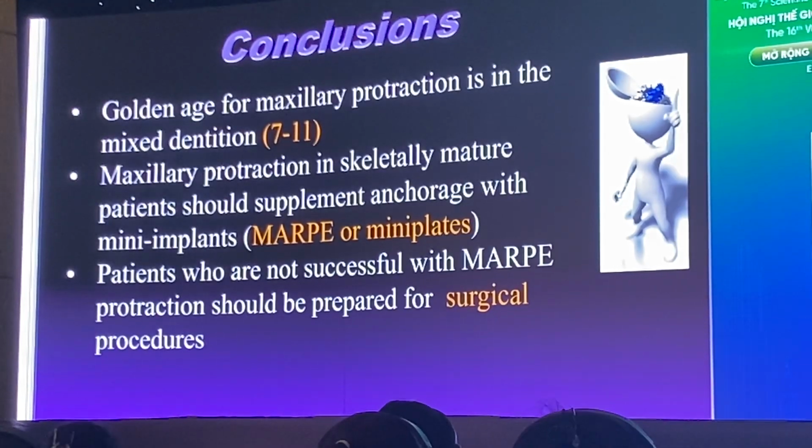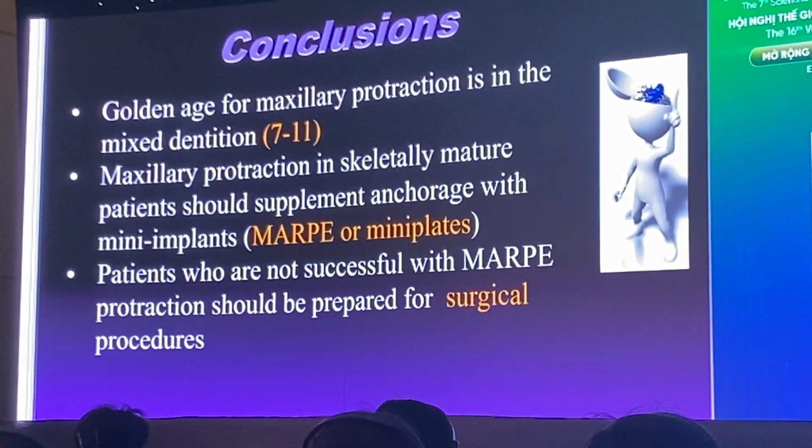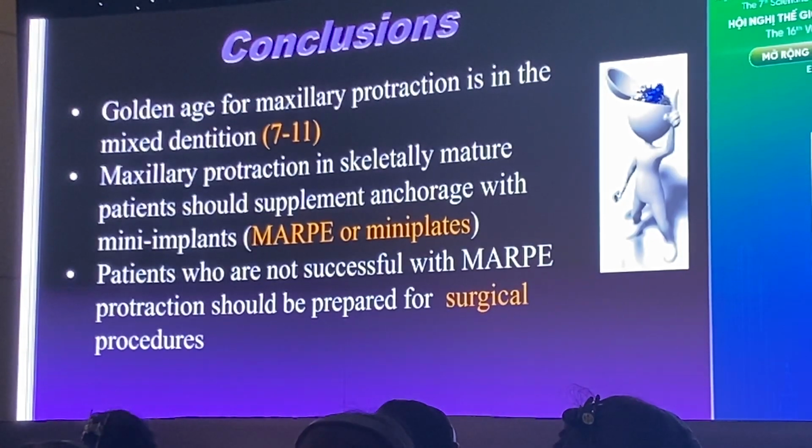And then the final question I answer is, what if you miss the golden age of 7-11? Then obviously you're going to stick with the MAPI appliance. So in general, in my clinic, any young patients above 11 or 12 years old, I will go ahead and put MAPI, even just for expansion, all right?